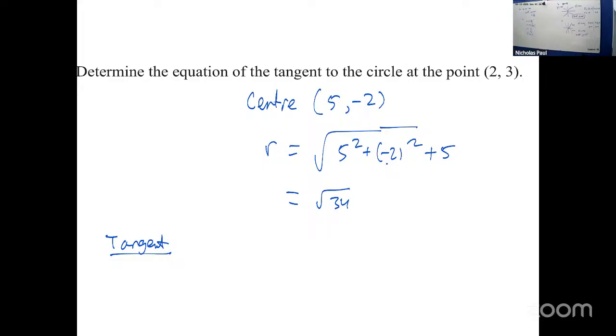Right, for those who forgot, remember you had to find the gradient and so on, right? Gradient of the radius. I got -5 and 3. Anybody got that? For the radius. So it means that the tangent gradient is positive 5 and 3, right? 3 and 5 on it.